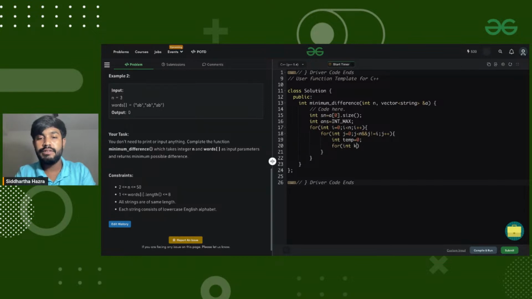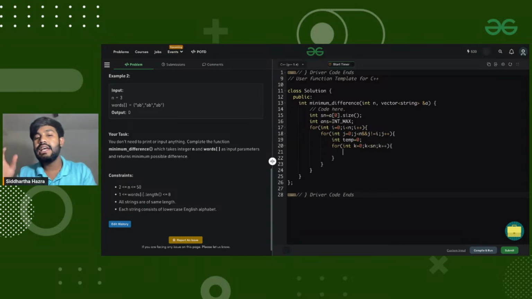Now I would move forward with int k equals 0, k less than s of n, and k plus plus. So basically i and j give me the pointers to two strings, but I need another pointer k to move forward in those two strings.